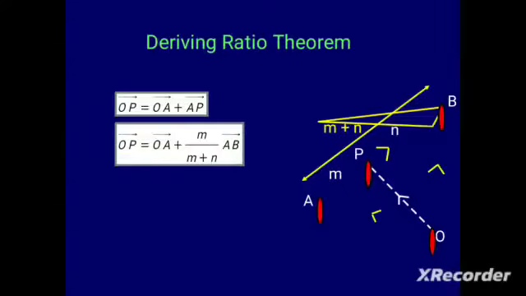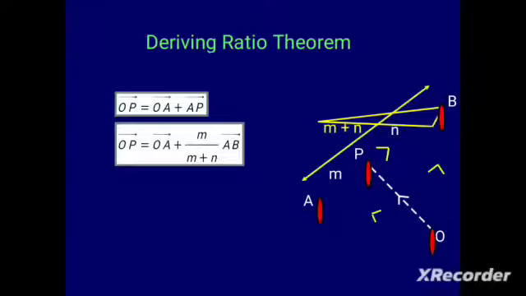Now, vector OP is equal to vector OA plus M over M plus N of vector AB. Now, we are just doing what we did in the previous example, because AP is going to be the fraction of the total length.